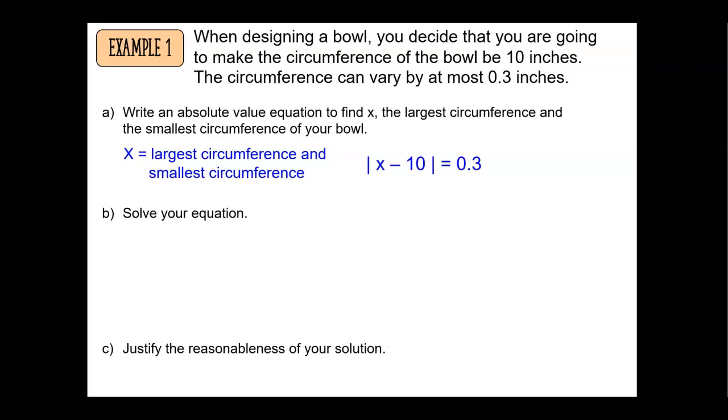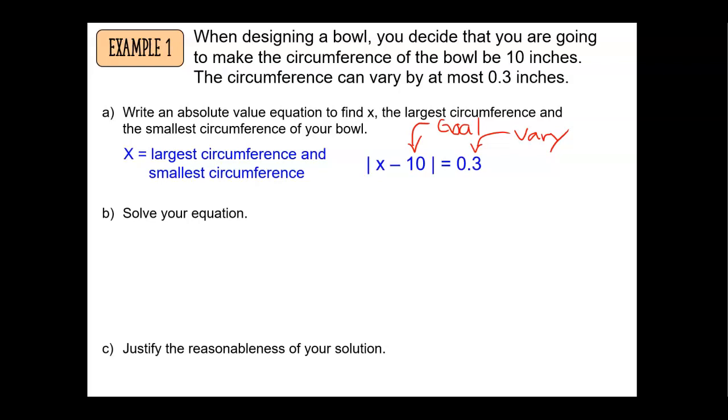Notice how it said 0.3 is how much it can vary. So it equals 0.3. This is your goal, and then this is your variance. It can vary or change by this little tiny bit.